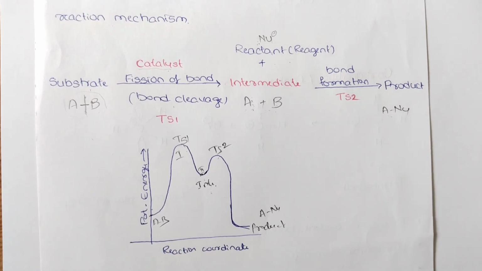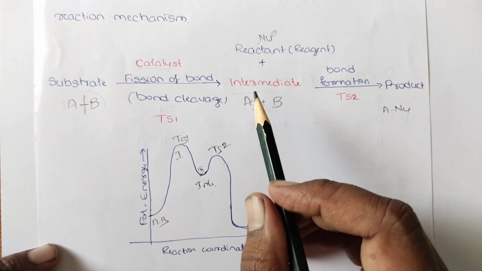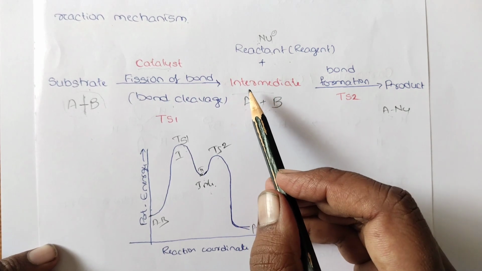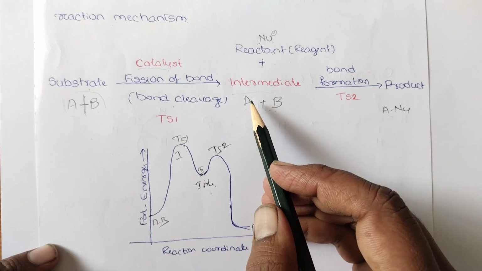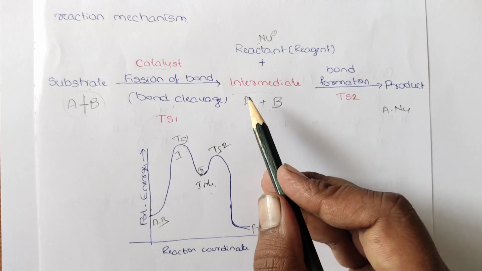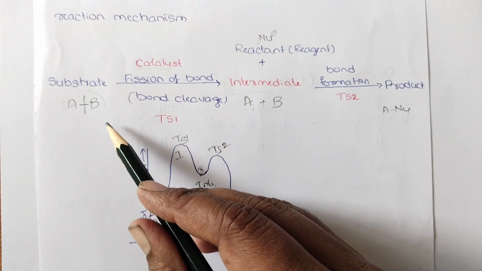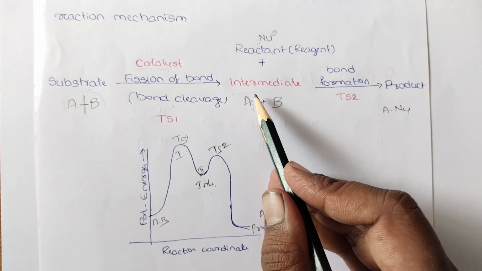So in this video we are going to discuss these intermediates. These intermediates are highly reactive unstable species. So these will determine the rate of the reactions. Means if the intermediates are highly stable, then the intermediates will easily form.